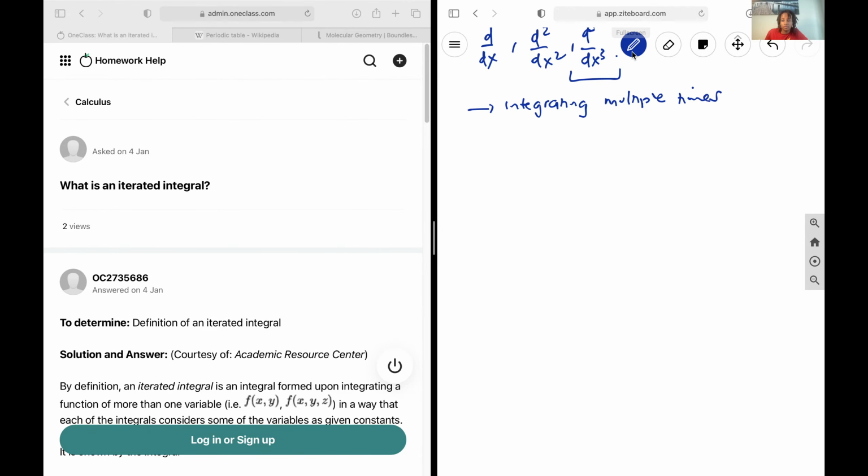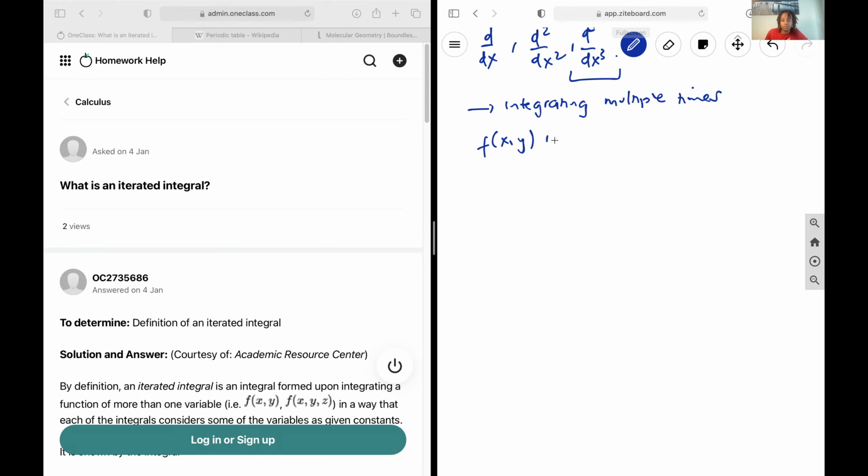And so in integrals, what is going to cause us to integrate multiple times would be the presence of multiple variables in whatever our function is. So these are called multivariable functions, and they can spit out scalar values or other vectors.